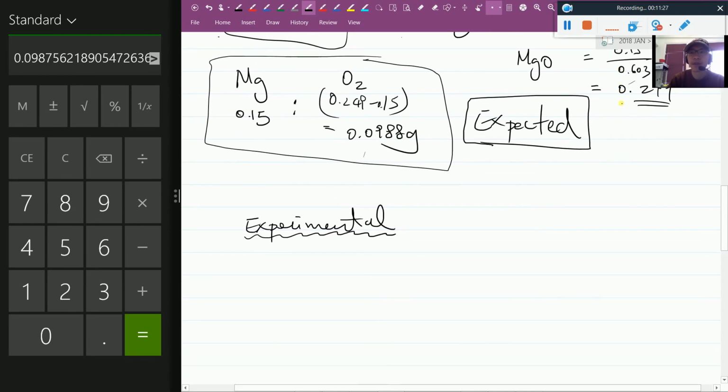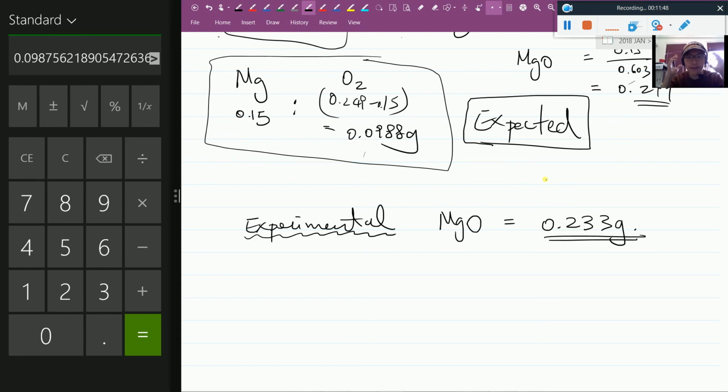Maybe your experimental result for MgO at the end equals 0.233 gram. So this is from your experiment. Not all experiments would be 100%. If you get 95%, that is brilliant already.